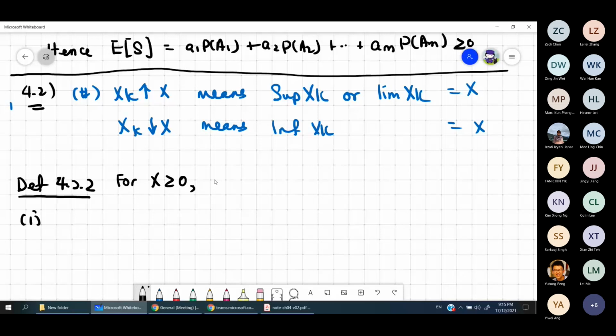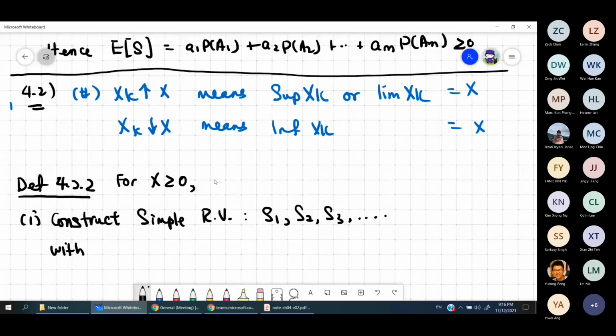First, we construct a sequence of simple random variables S1, S2, S3, and so on, such that it fulfills these two conditions.